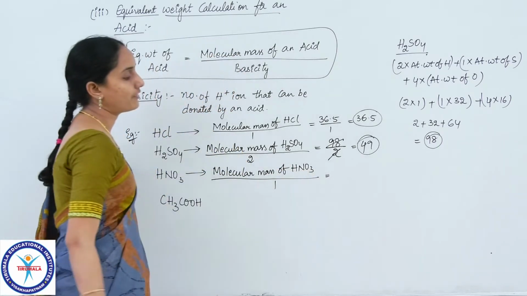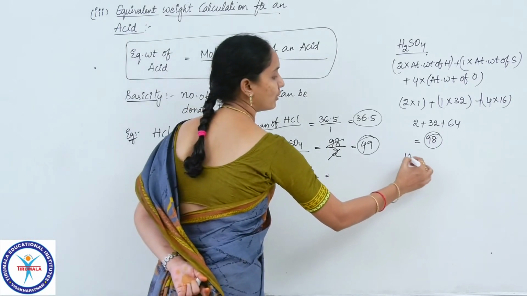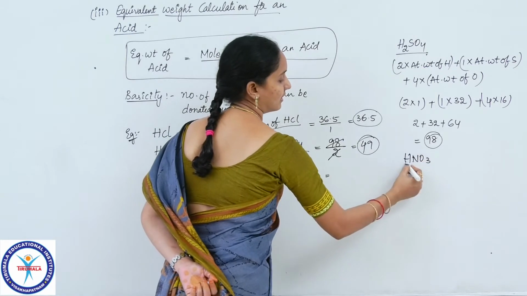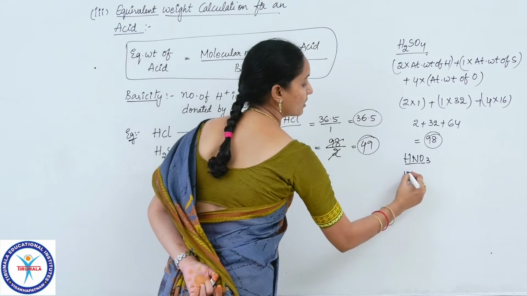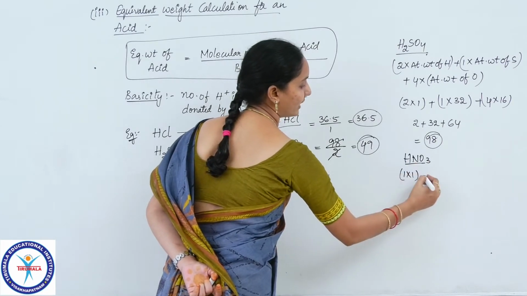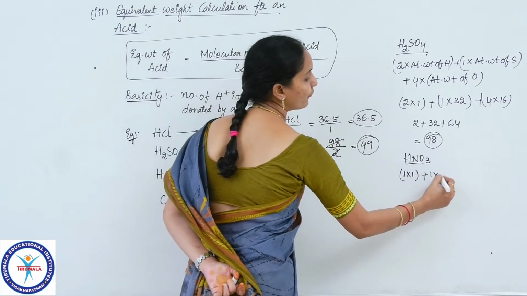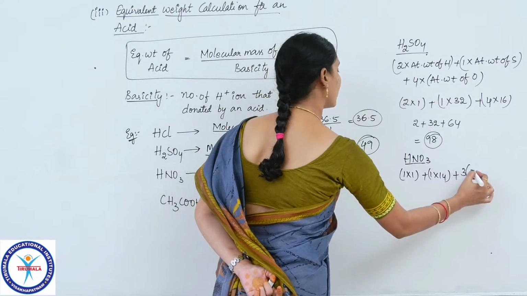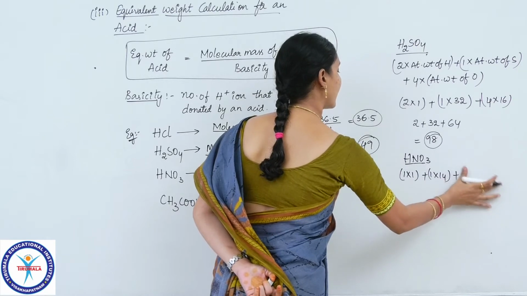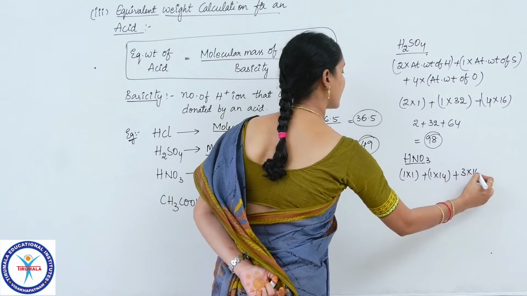So what is the mass of HNO3, children? The HNO3 formula contains 1 hydrogen, 1 nitrogen and 3 oxygens. So 1 into 1, atomic weight of hydrogen is 1, plus 1 into 14, because atomic weight of nitrogen is 14, plus 3 into atomic weight of oxygen, which is 16.